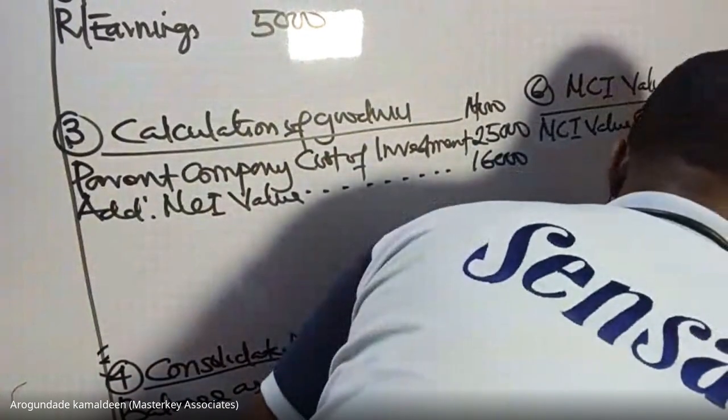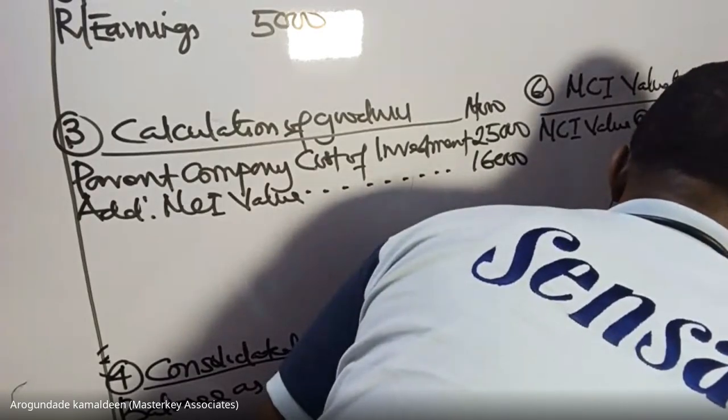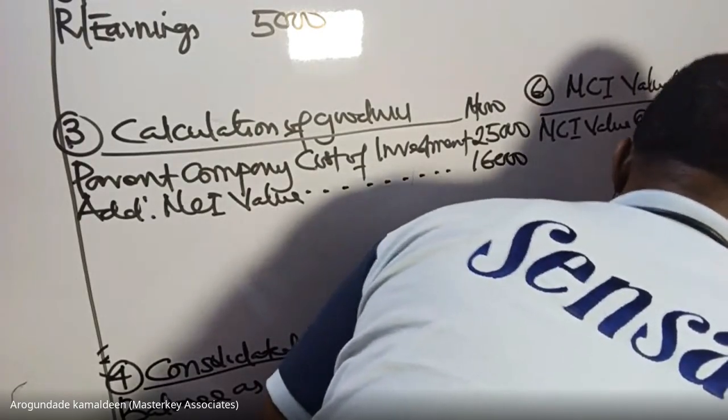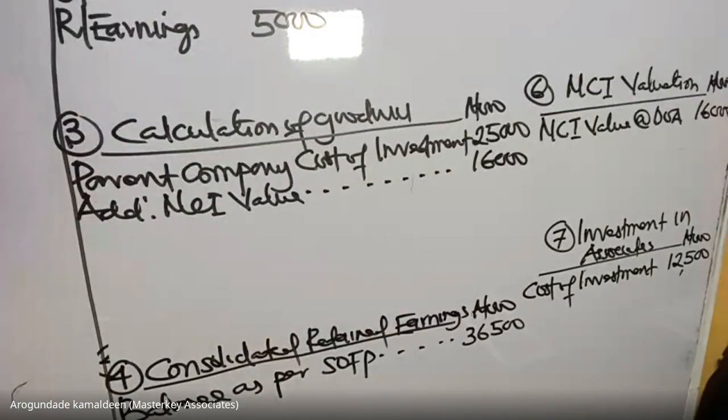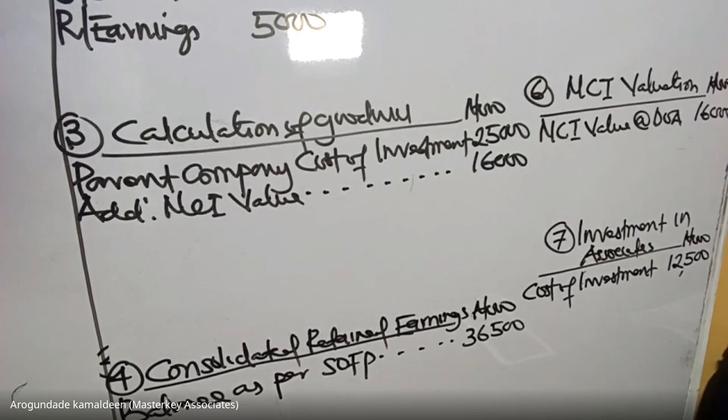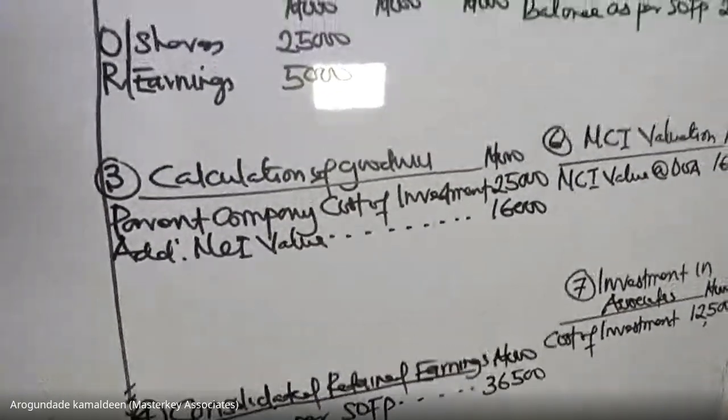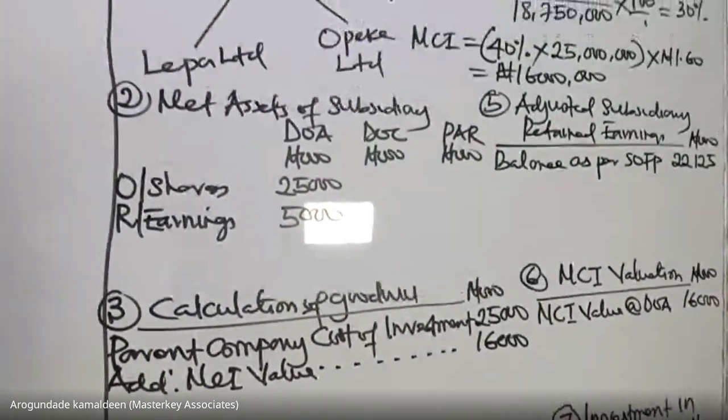Thank you. 12.5 million. You open all this down. This is what I taught you. You open it down. After you have done this, then come back again to the notes one after the other. It's as simple as that.